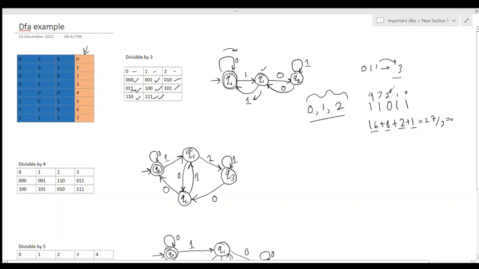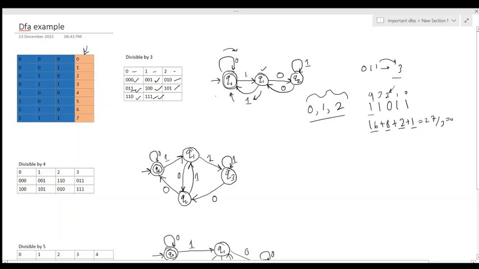So check the string. Start with 1 from Q0, then again 1 goes to Q1, then taking 1 again it goes back to Q0. There is a 0, the self transition on Q0, then again take 1 to Q1, then Q1 goes back to Q0.